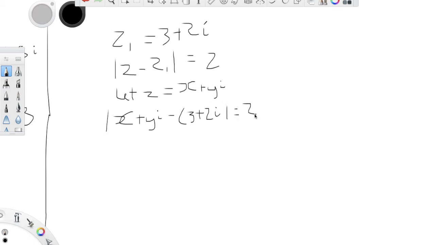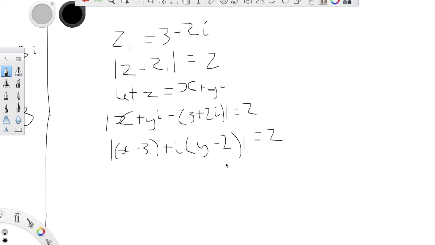Alright, now we can group the real and imaginary terms. So we've got x minus 3 plus i outside of y minus 2, and that distance equals 2. Now we'll expand this.